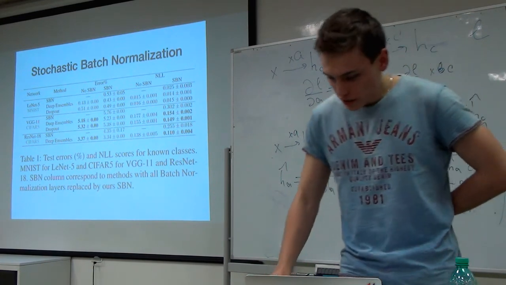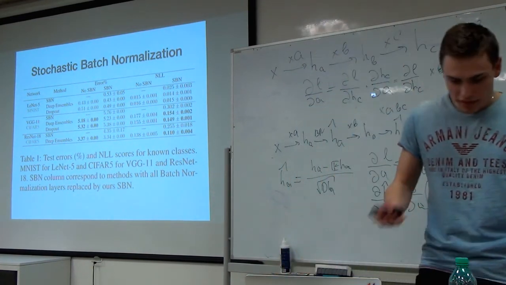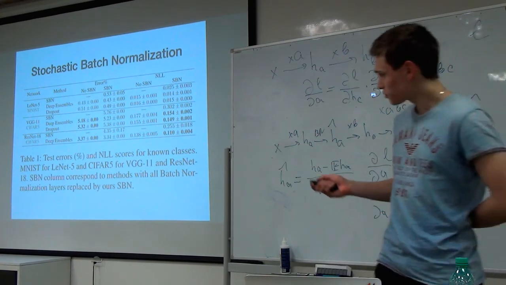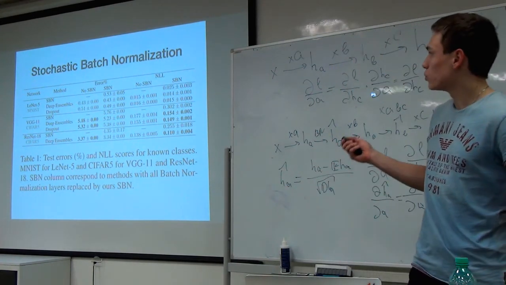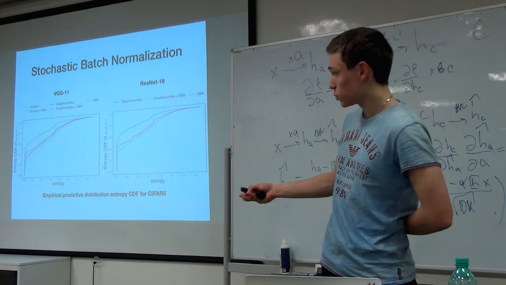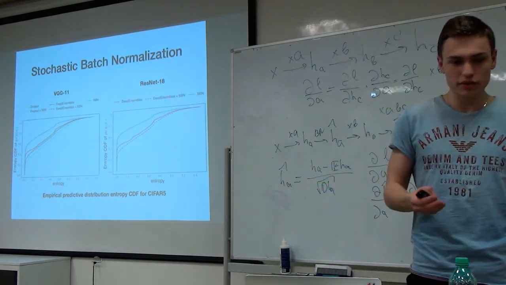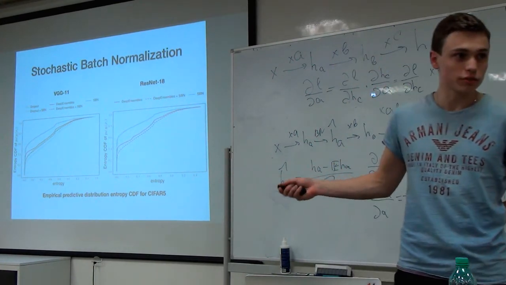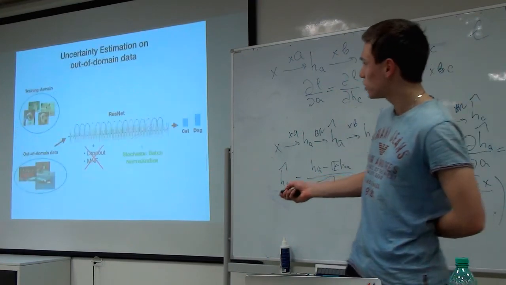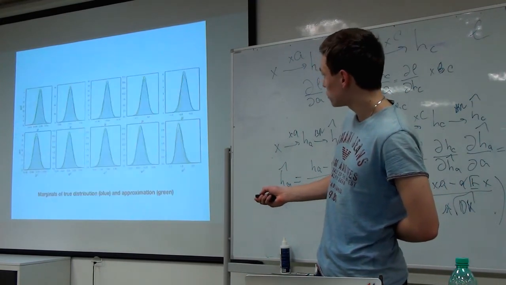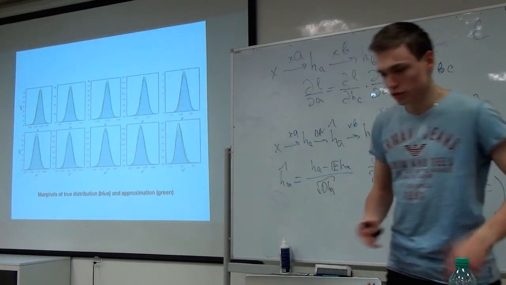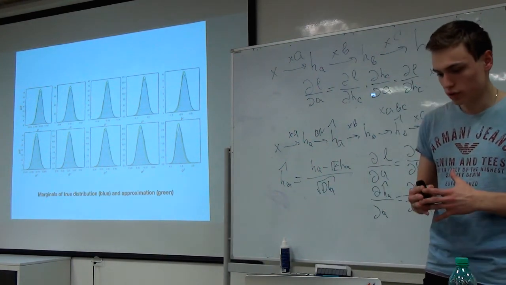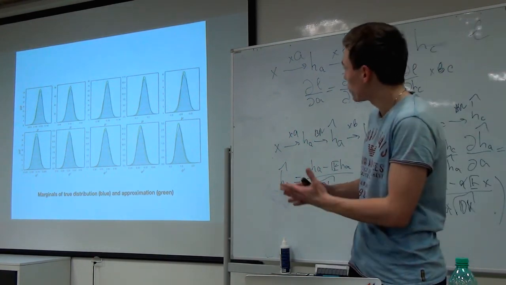So we didn't perform those experiments, but for stochastic batch normalization, as you can see, we have low entropy. And this is because the distribution over statistics is not varied enough.